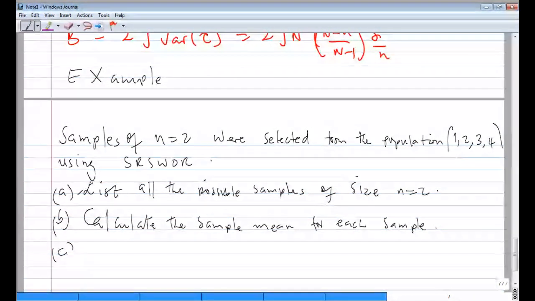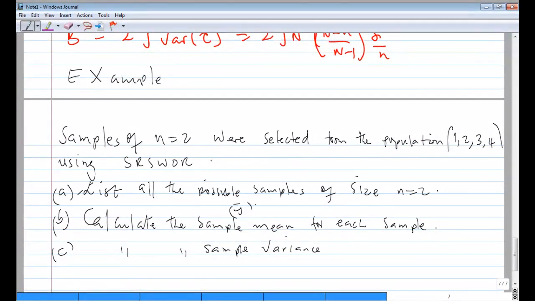Then, C, calculate the sample variance. Here, by sample mean we are referring to y bar, isn't it?